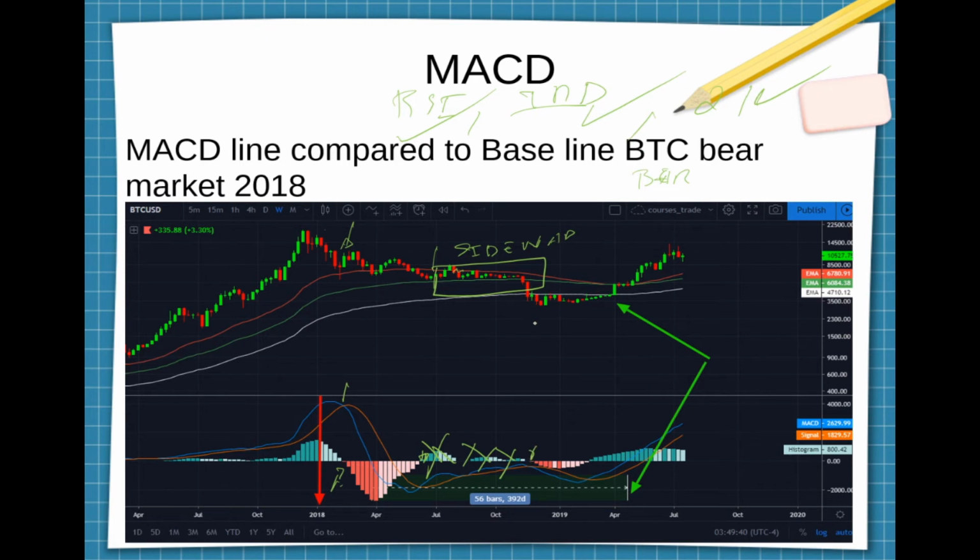You keep your short all the way to this zone right there. At that point, I'm pretty sure you will have moved your stop loss from here to somewhere here, and this is where you will have gotten stopped out.